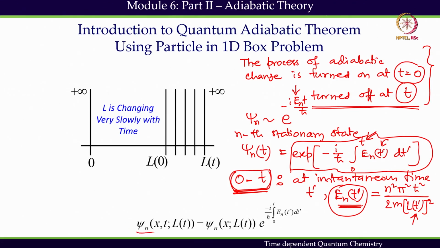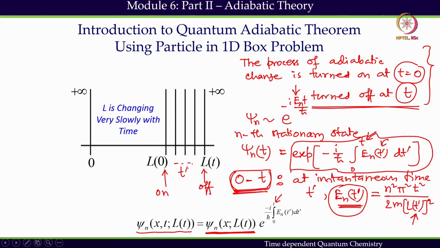The nth stationary state is actually the nth stationary state at that particular time. If I consider that at time t the adiabatic process has turned off, this is the time when it is turned off, this is the time when it was turned on, and any time in between is the t dash time.